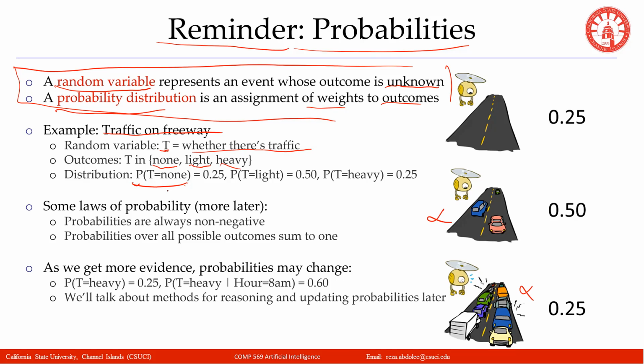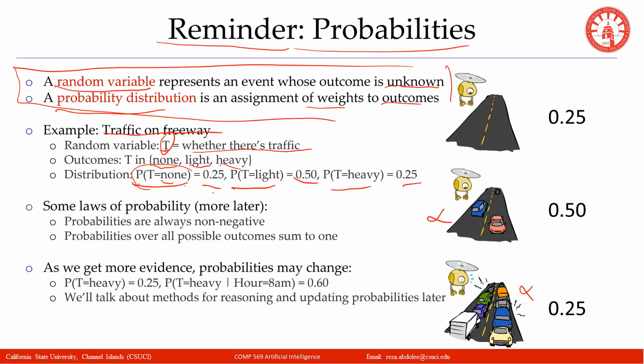For example, the probability of t equal to none, meaning no traffic, is 0.25, the probability of having light traffic is 0.5, and the probability of having heavy traffic is 0.25. So basically, we defined a random variable, and we calculate the probability of each event in this random variable.